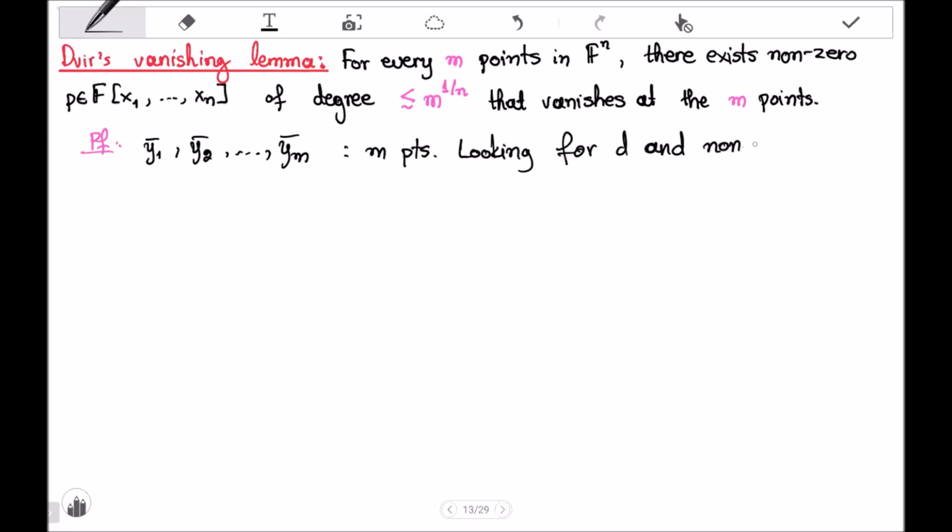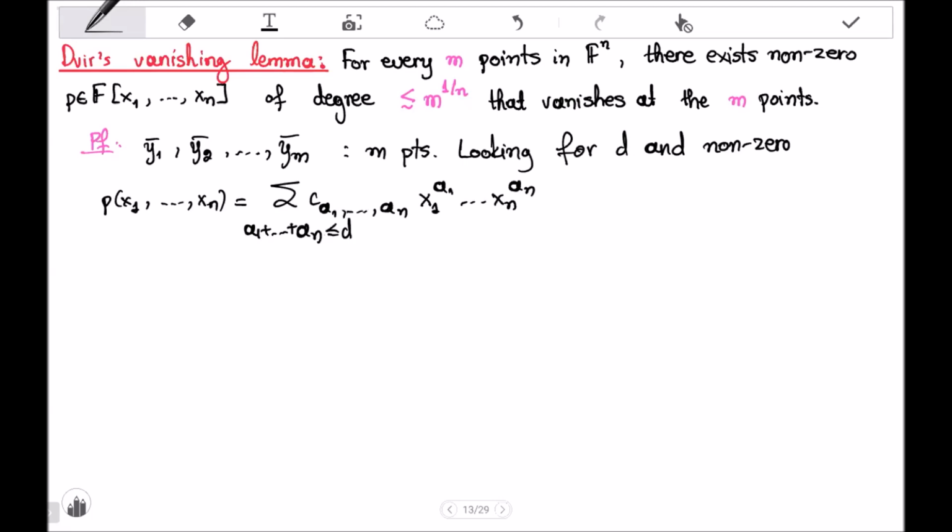So we're looking for a non-zero polynomial in n variables. And of course, this will look like a sum of coefficients of monomials. So these are coefficients that depend on the exponents of the monomial. Here is the monomial, and the exponents should be adding up to at most d.